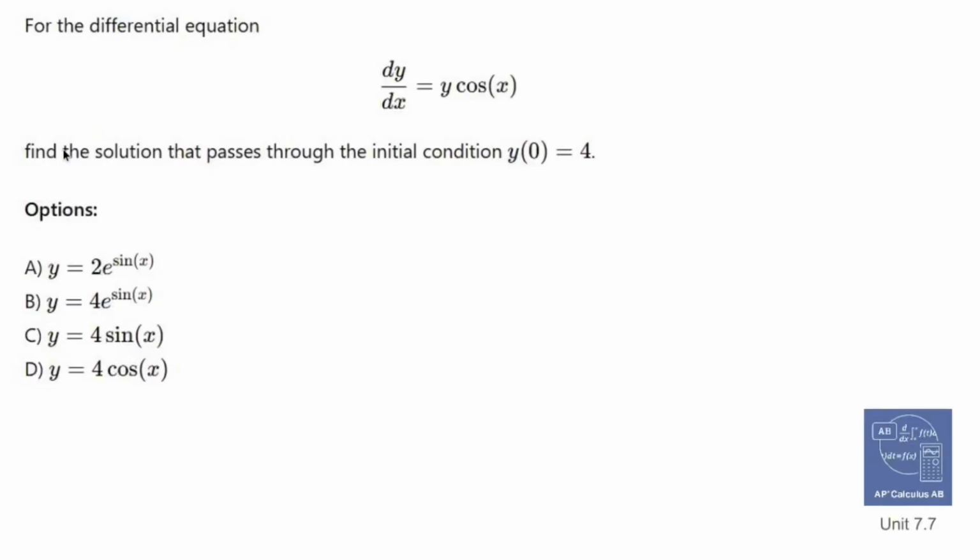For the differential equation, find the solution that passes through the initial condition y of 0 equals 4. All right, well, I have myself a differential equation, and I'm going to have to find out what the solution equation is to that.